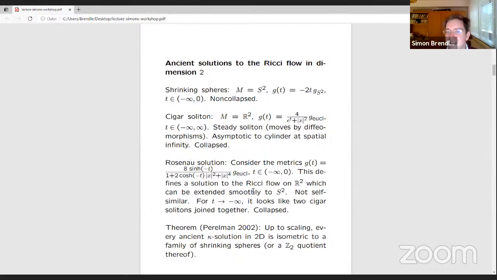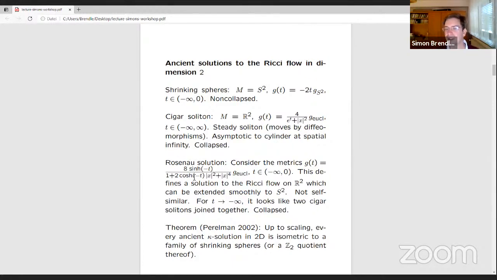And as t tends to 0, it collapses and becomes round after the scaling. So it looks like these shrinking spheres. But then as you go backwards in time, it looks like a very elongated oval. So it has a very large cylindrical piece in the middle, and then it has caps on either side.